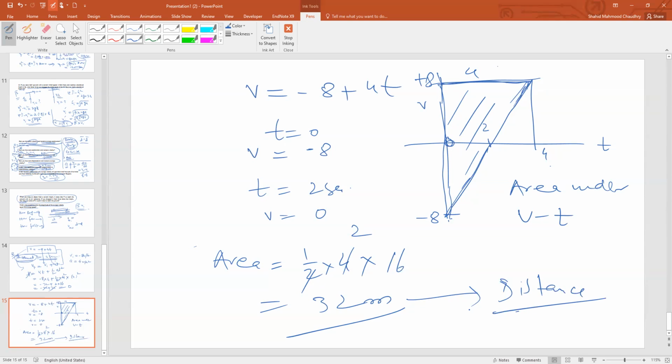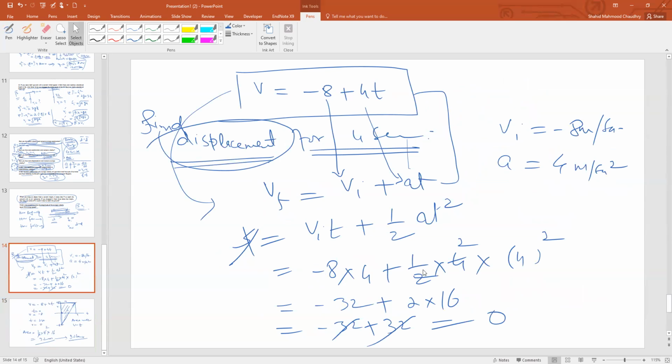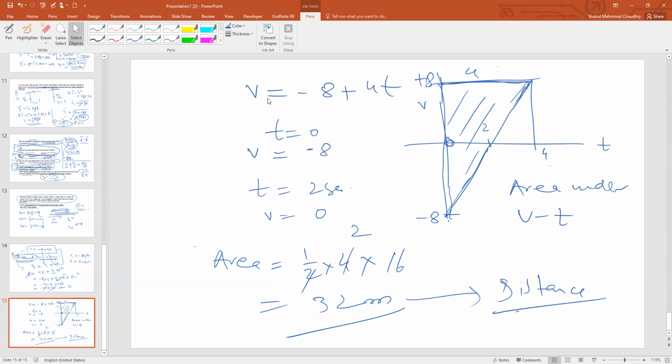This area is distance. It is not displacement. But if you want to find the displacement, then it is this one. So from this equation, you can find the distance and the displacement.